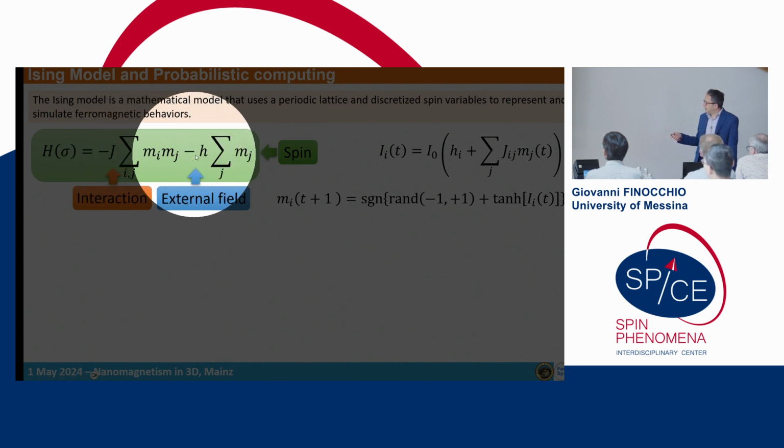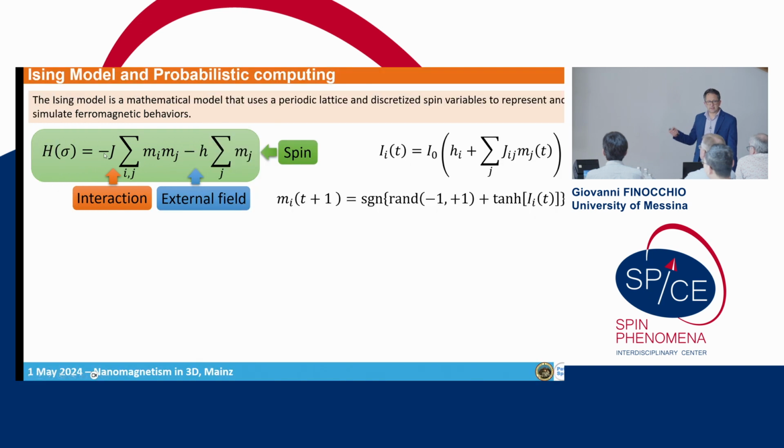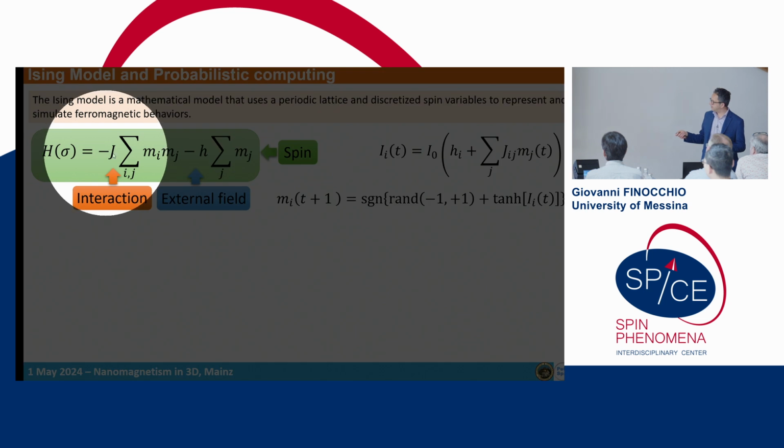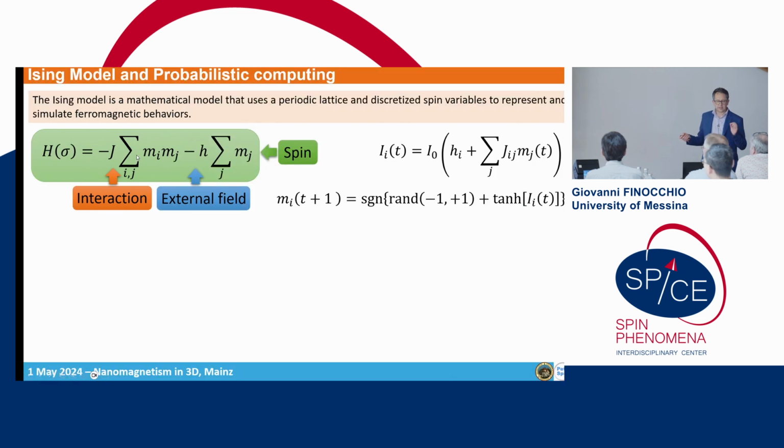And this M is a vector of binary variables, which defines this discrete energy landscape. Typically, the problem of the Ising model is to find the vector M which gives you the minimum of this energy. So this is a discrete problem. Basically, you cannot apply gradient descent, so you cannot apply standard techniques.